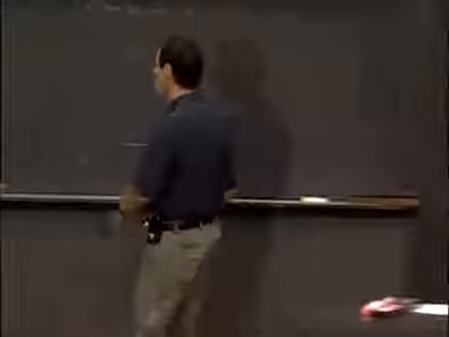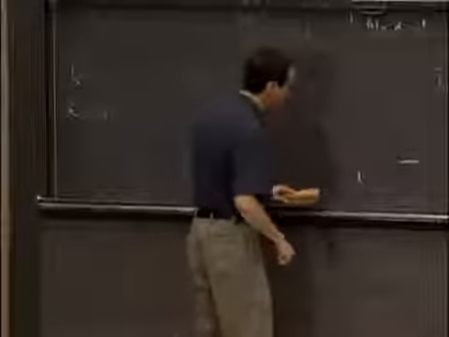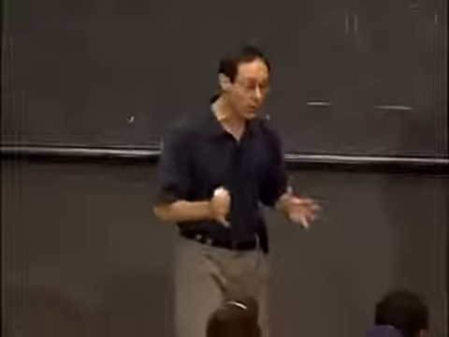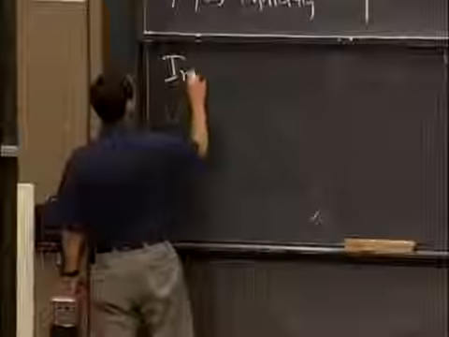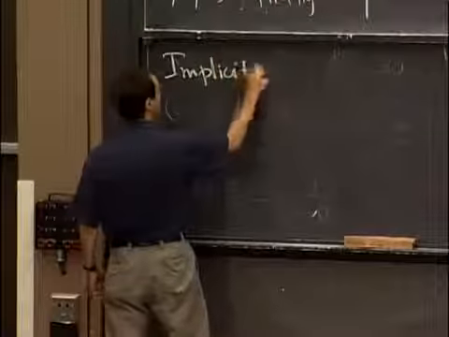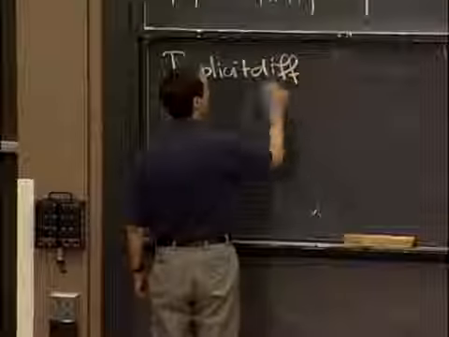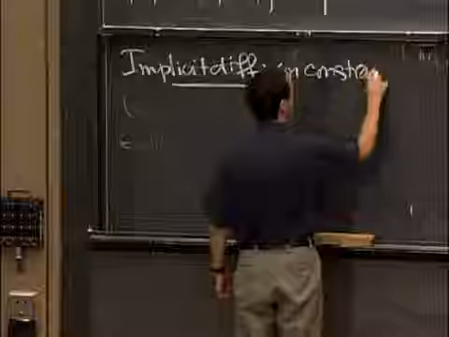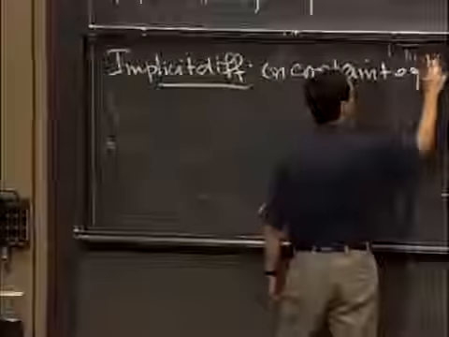So what we're going to do instead is much simpler. We're going to leave this expression alone, and we're just going to differentiate implicitly. So again, we use implicit differentiation on the constraint equation.